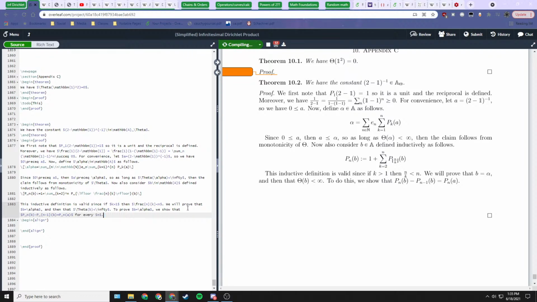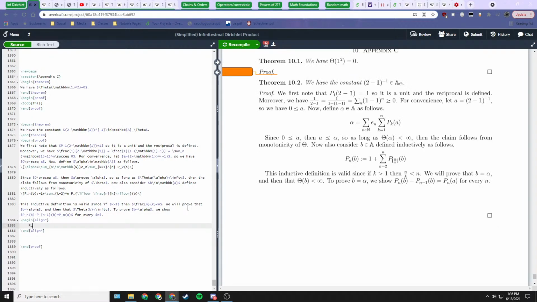So we're going to show that this consecutive difference is the same as a. Okay, so let's just work out this difference.